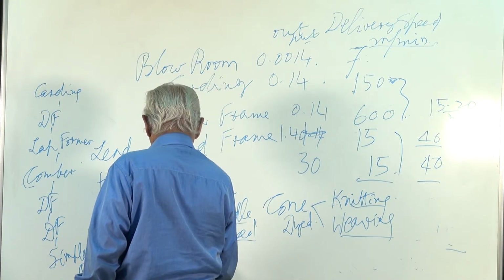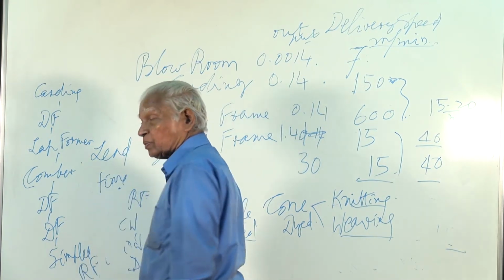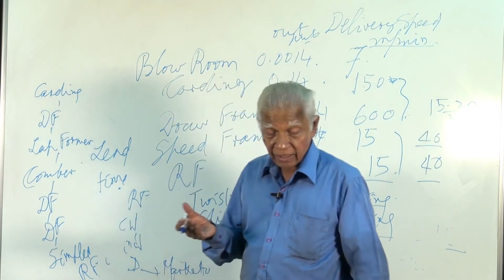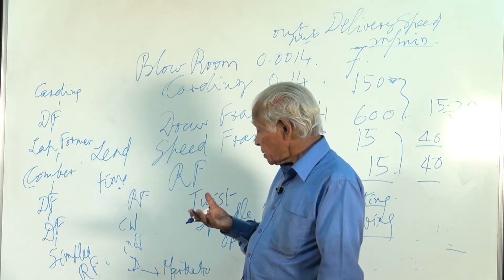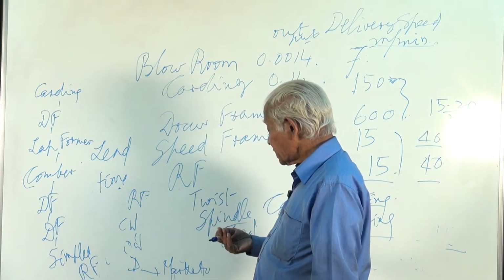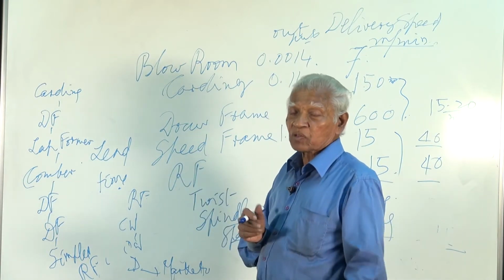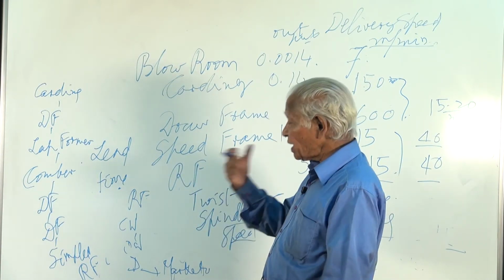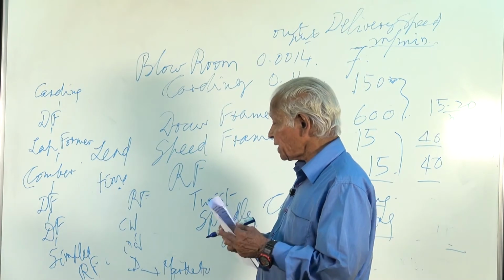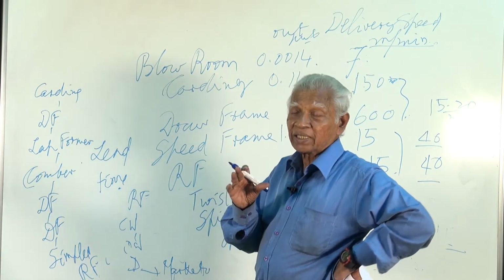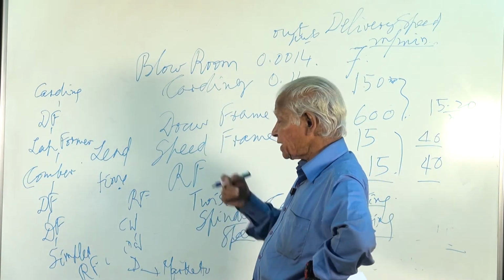In fact, marketing of doubled yarns is found to be quite useful in the sense that doubling is a value addition process. Dyeing is a value addition process. If a cone is dyed, it can be sold at a higher price because of the color that it contains.